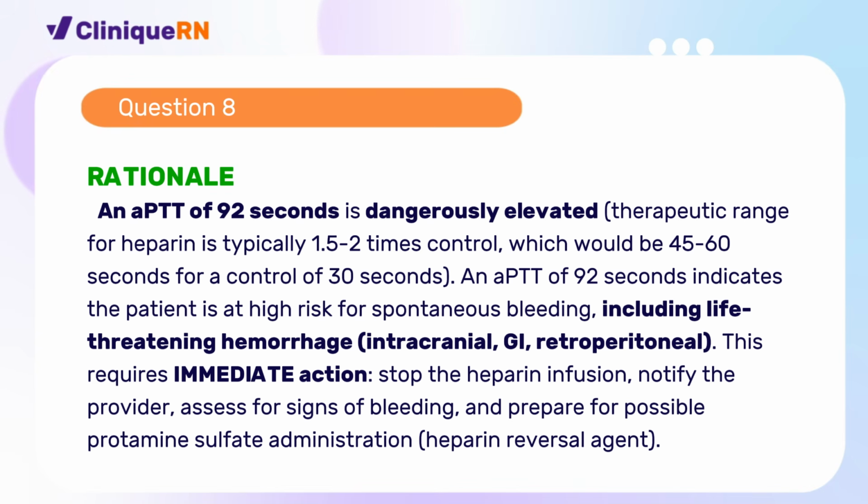An APTT of 92 seconds indicates the patient is at high risk for spontaneous bleeding, including life-threatening hemorrhage: intracranial, GI, retroperitoneal. This requires immediate action. Stop the heparin infusion, notify the provider, assess for signs of bleeding, and prepare for possible protamine sulfate administration, the heparin reversal agent.